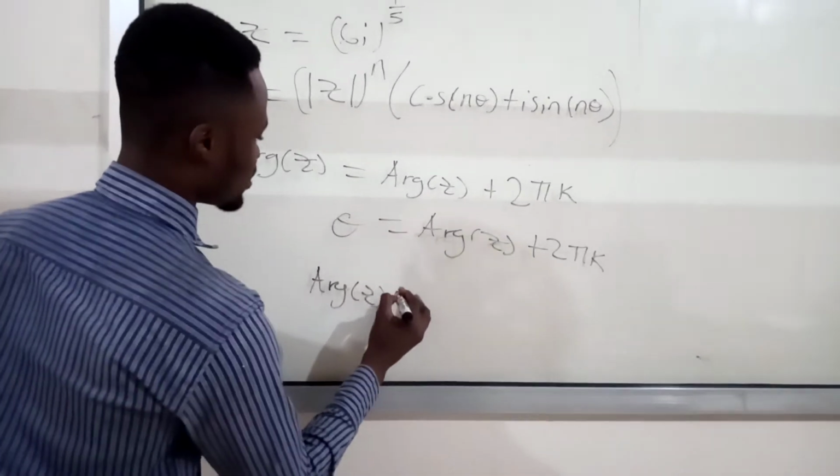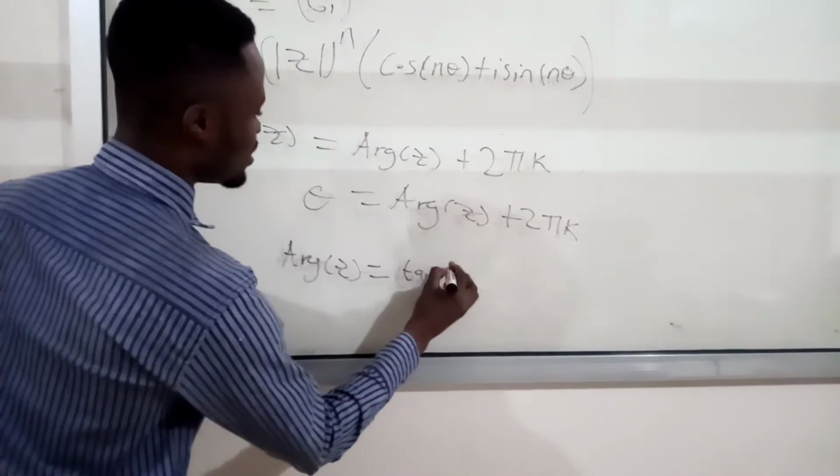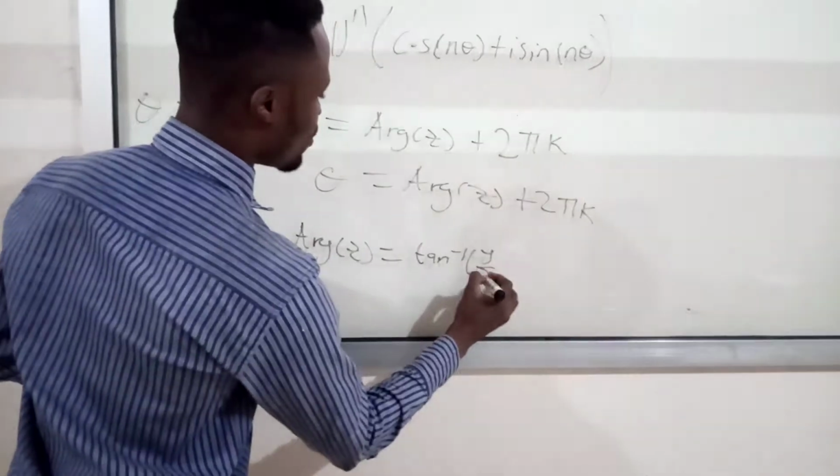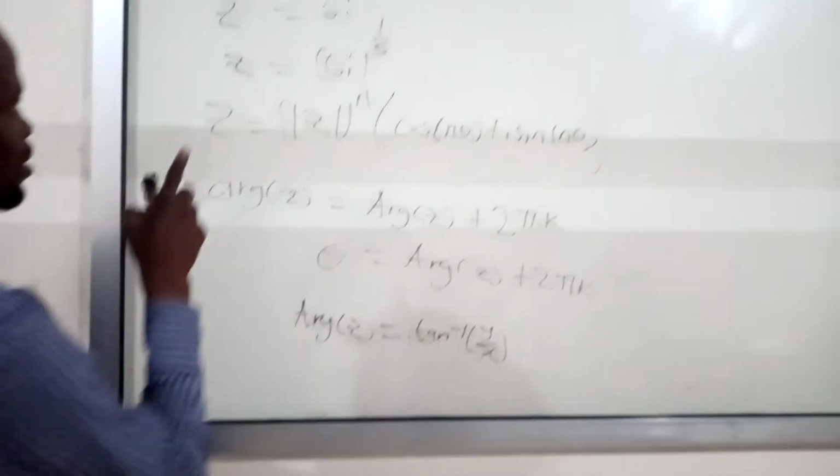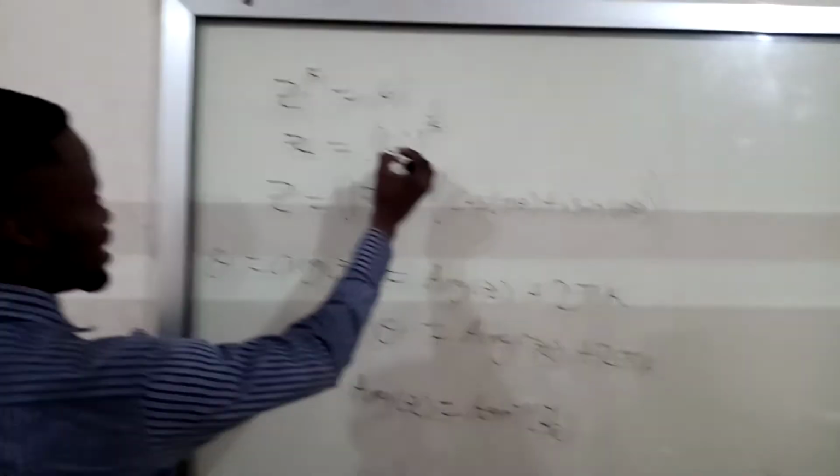So here, the argument of this one is equal to tan inverse of y over x. From the question, what is our y and what is our x? The y is the imaginary side, which is 6.